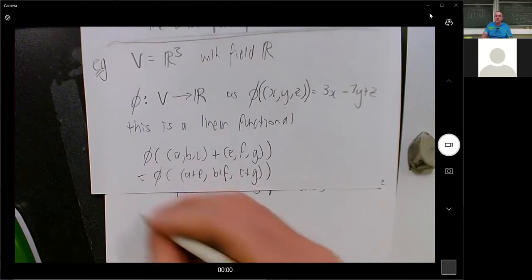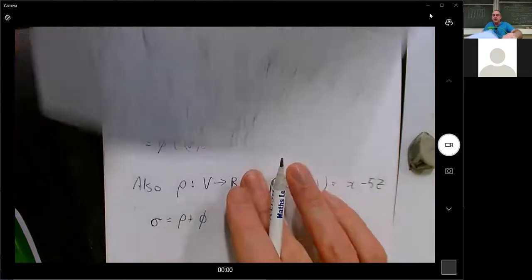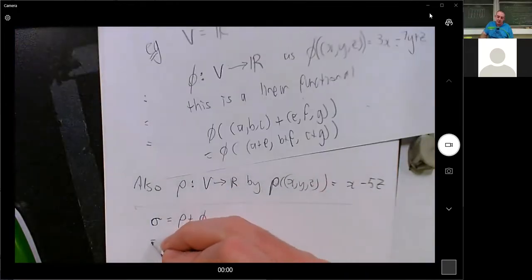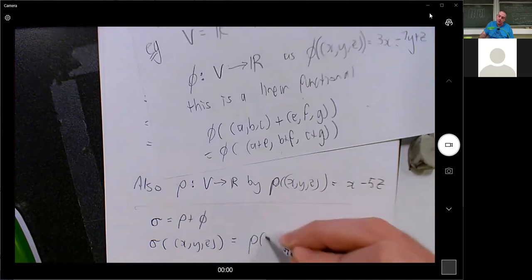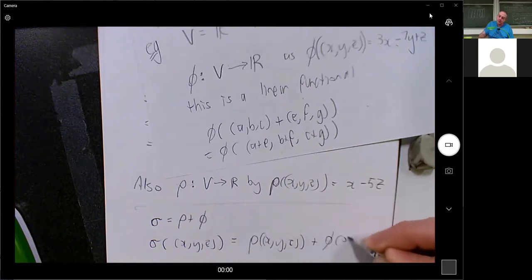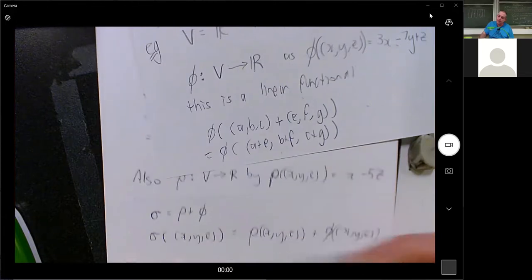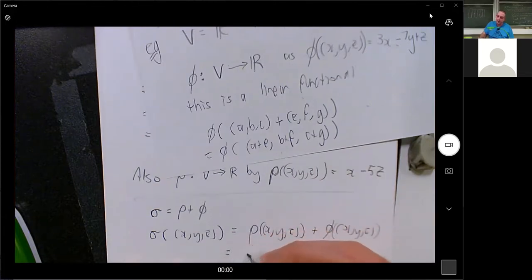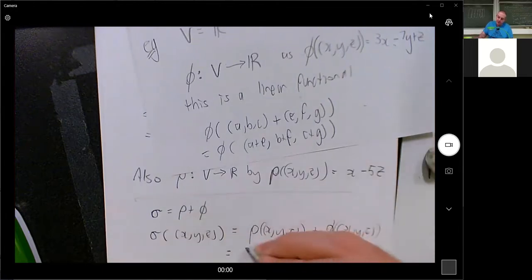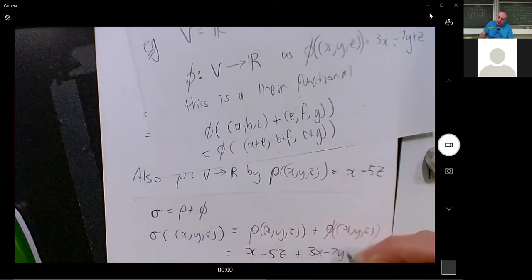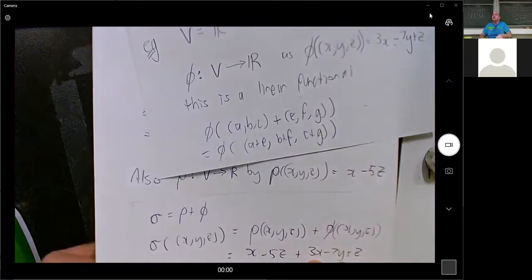If sigma is rho plus phi, then that would mean that sigma of x, y, z is rho of x, y, z plus phi of x, y, z, which is, sorry, rho, which is x minus 5z plus 3x minus 7y plus z, which is a perfectly good linear functional.